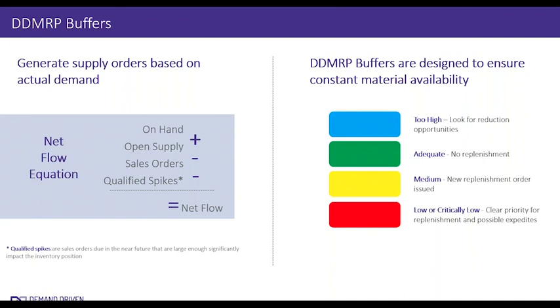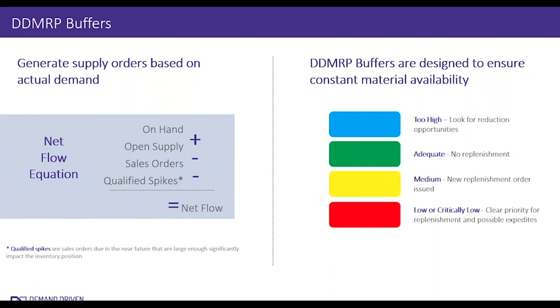So we use this net flow equation. We're recalculating this every 15 minutes within Replenishment Plus, and we're going to match it up against our DDMRP buffer. If the net flow falls into the green zone, we're good. We don't need to issue any replenishment today. Once the net flow number falls into the yellow zone, we'll issue an order to get the net flow back up to the top of green.